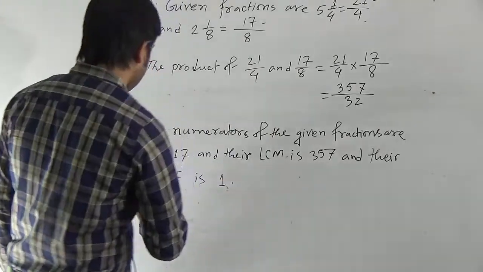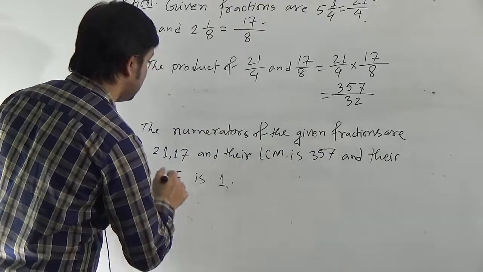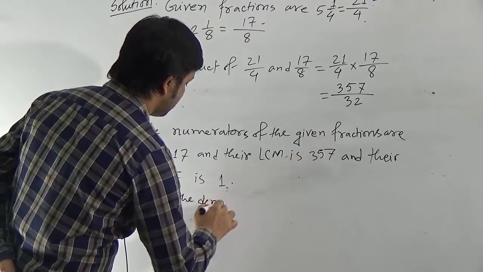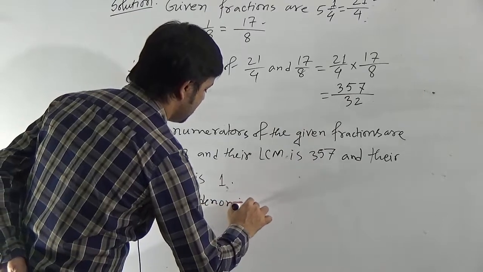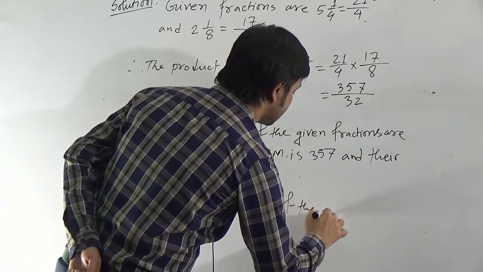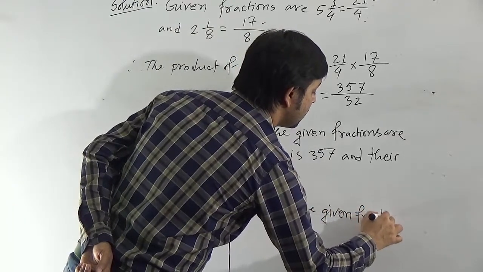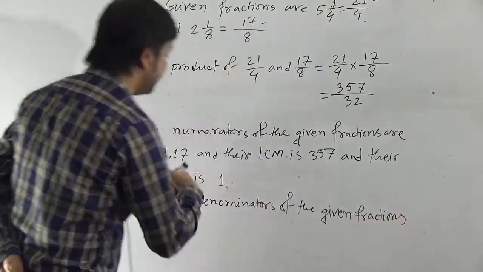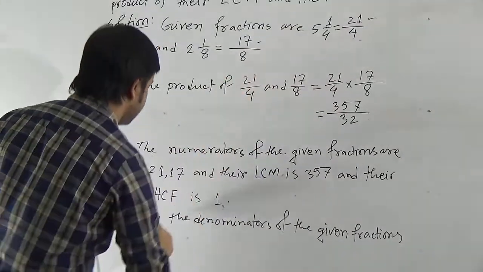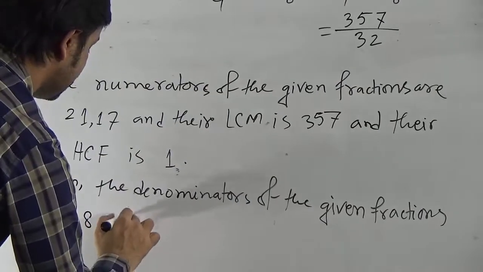Now again we can write the denominators of the given fractions. What are the denominators here? Here denominators are 4 and 8.